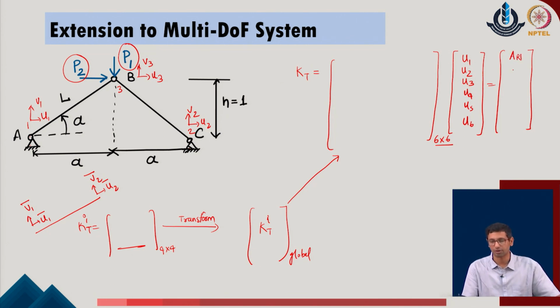So, these will be denoted as AR1, AR2, AR3, AR4, and corresponding to the values over here, I will define this value as P2 and this as minus P1. I think what we will do better, we will keep this as P2 and this as P1, so that we can keep it in the same order. So, accordingly this becomes P1 and this becomes minus P2.